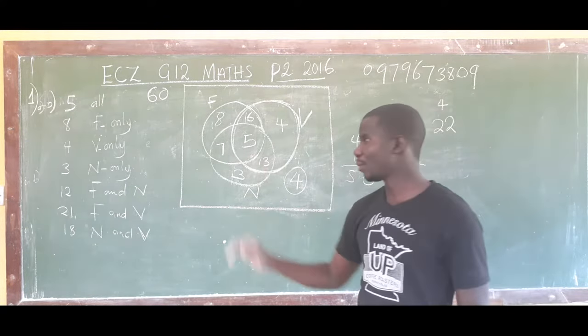This is what I'm going to get: standard deviation is equal to 2.134. You can write it in full, but when you round off to 3 significant figures, this is what will be your answer.